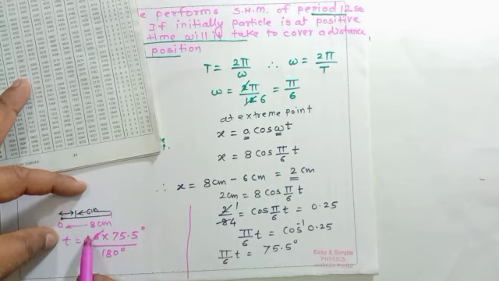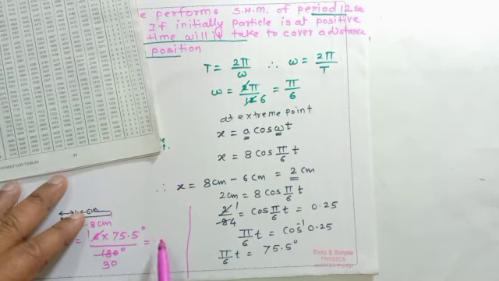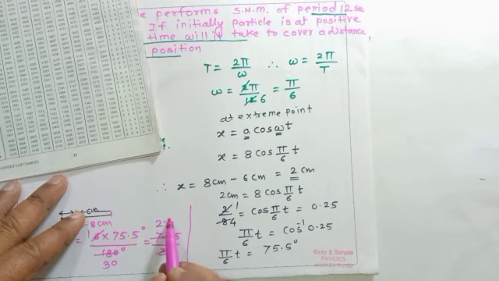What happens? 6 ones are 6 and 6 thirties are 180. So here if we divide by 30, so 7.55 divided by 3. 3 ones are 3, 3 twos are 6, 1 is remaining, becomes 15, 3 fives are 15, 3 ones are 3, 2 is remaining, and 3 sixes are 18.